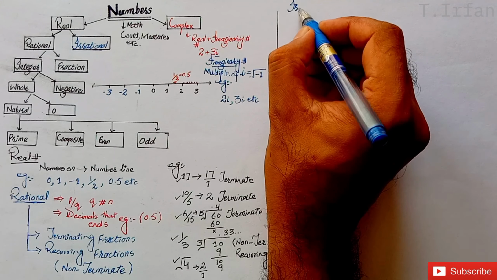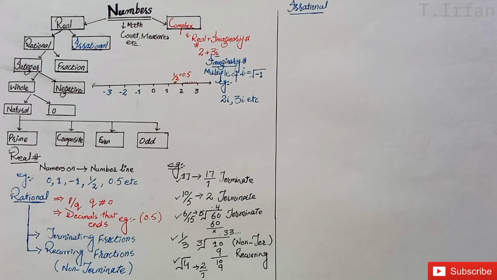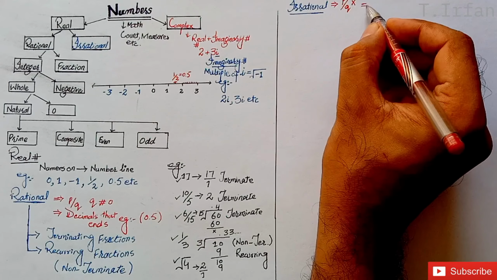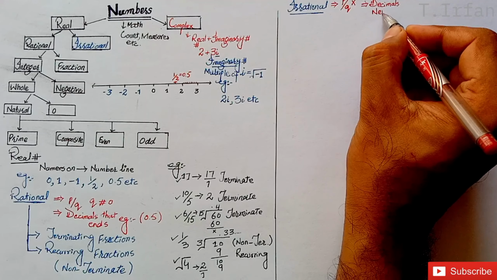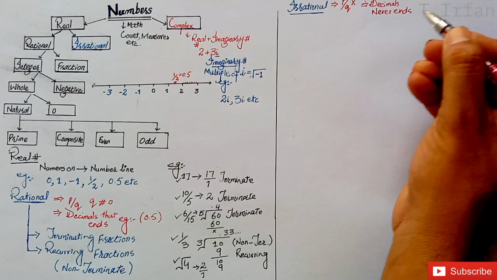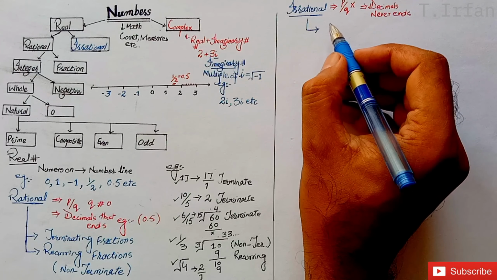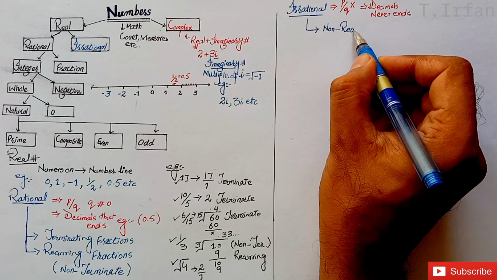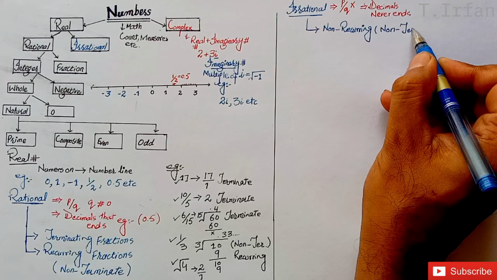Those numbers which are not rational are irrational, and these numbers we cannot write in the form of P by Q, and these are decimals that never end. And we can also say that irrationals are non-recurring and non-terminating fractions.